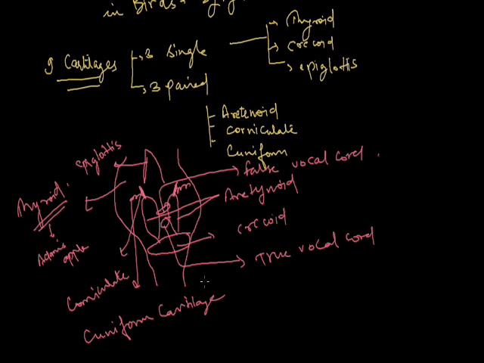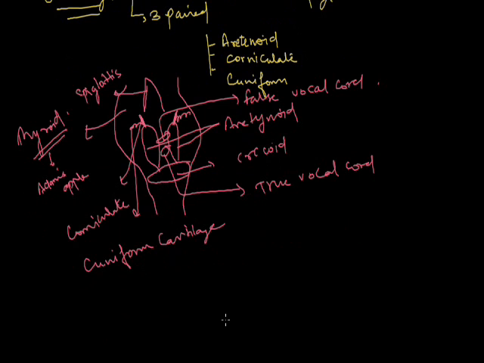These true and false vocal cords are actually helping in the production of sound. The true vocal cord is mostly responsible for the production of sound. While we are exhaling, the air comes out from the lungs, gives compression to the true vocal cord, and creates fluctuations in the vocal cord, and then it produces the sound.